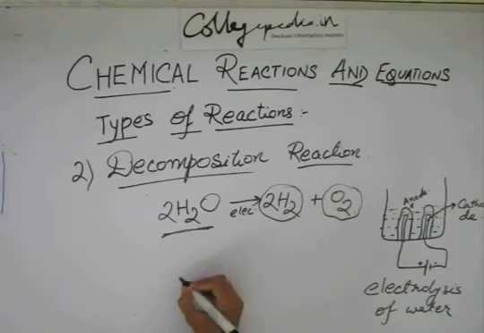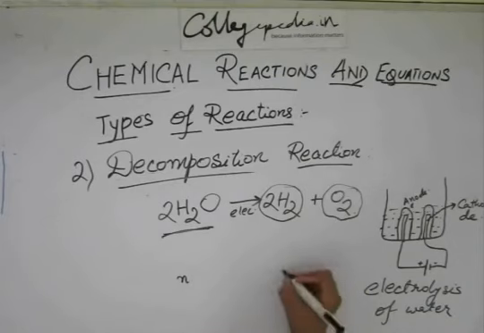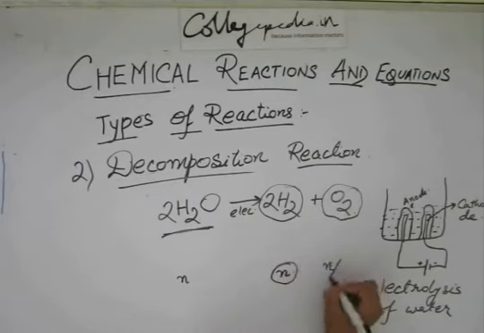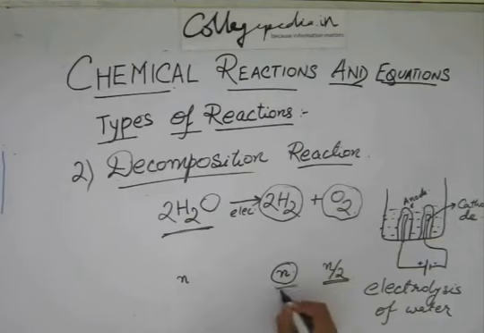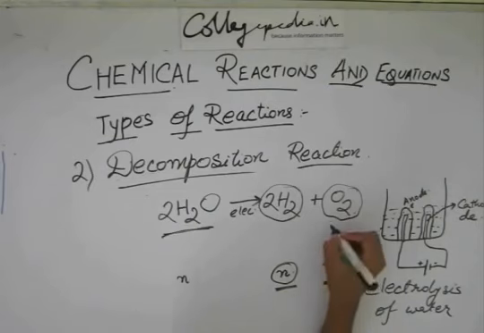So when we have some n molecules of water, they will release n molecules of hydrogen and n by 2 molecules of oxygen. This n has to be an even number, of course. So you see that the number of molecules of oxygen is half the number of molecules of hydrogen.